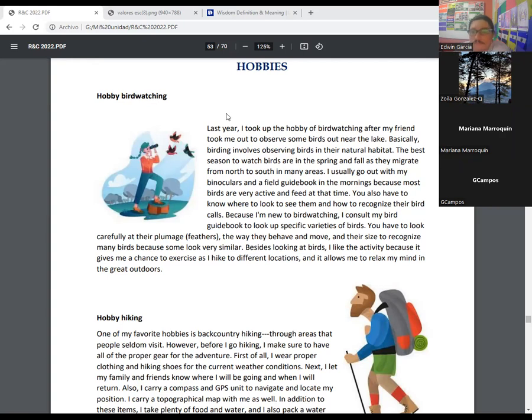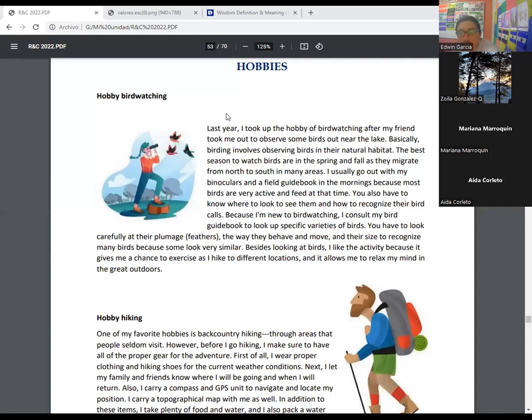Hobby: bird watching. Last year, I took up the hobby of bird watching after my friend took me out to observe some birds near the lake. Basically, birding involves observing birds in their natural habitat.